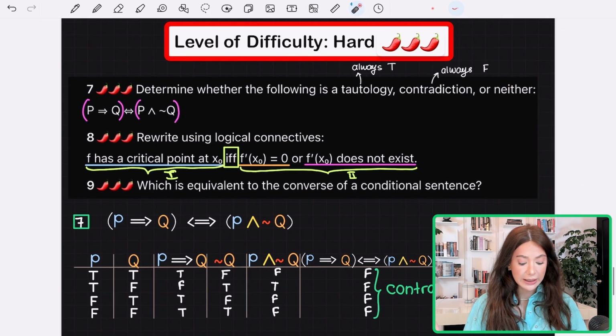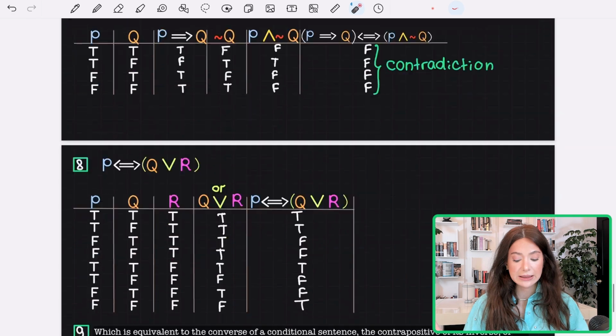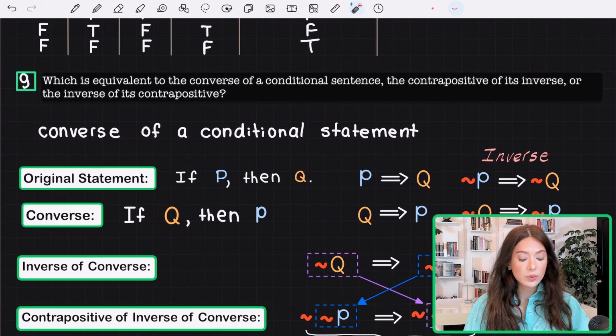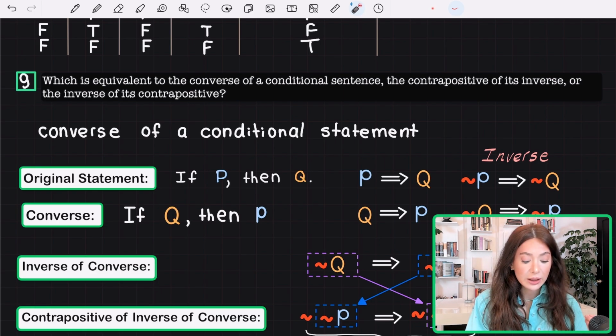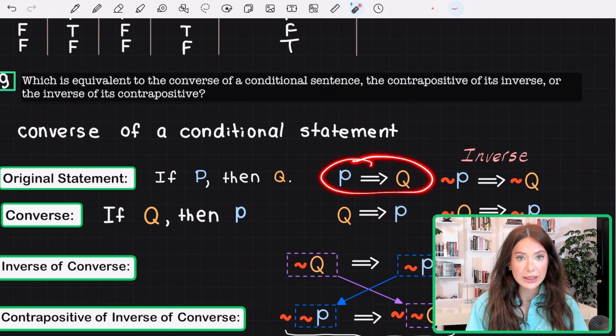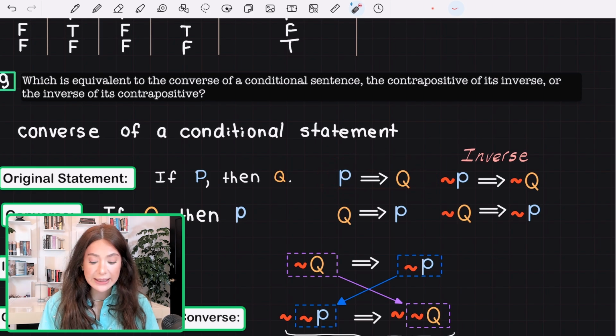Now, question number 9. Which is equivalent to the converse of a conditional sentence? Well, actually, the whole question is right here. So they're asking you to compare something to the converse of a conditional statement. So remember that this is the conditional statement, if P then Q. The converse of that is to switch the spots and don't switch the arrow.